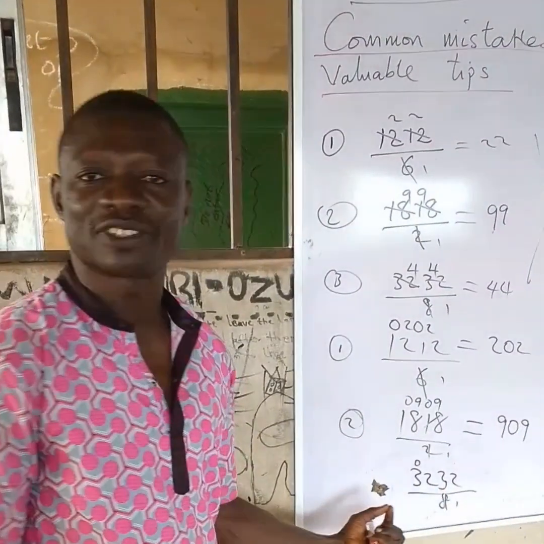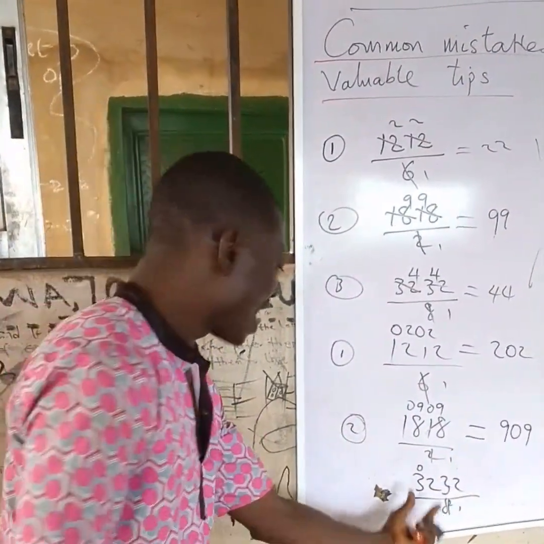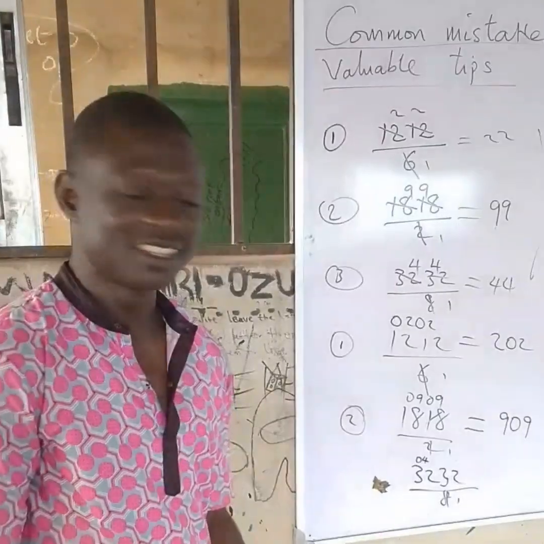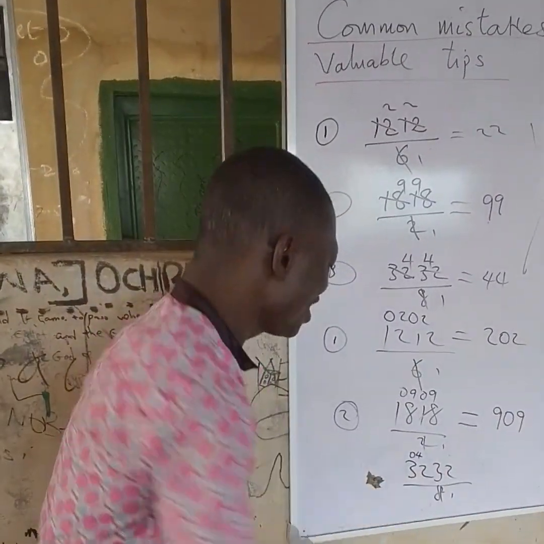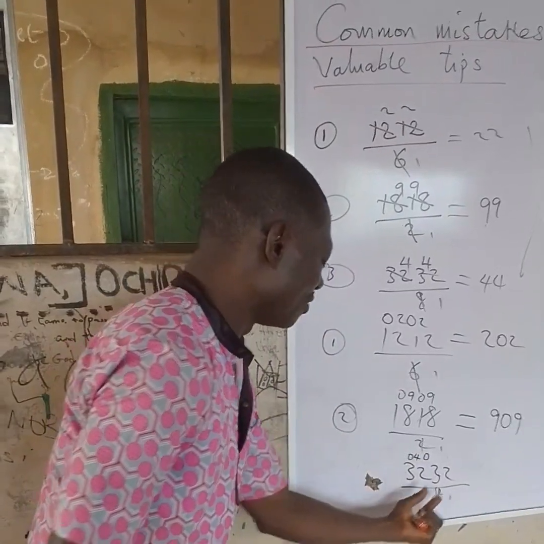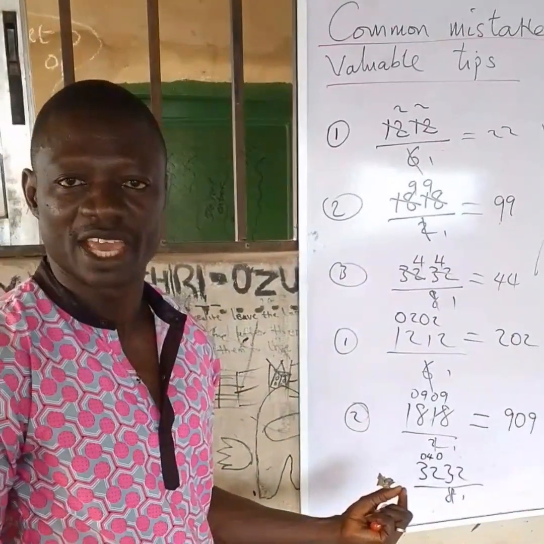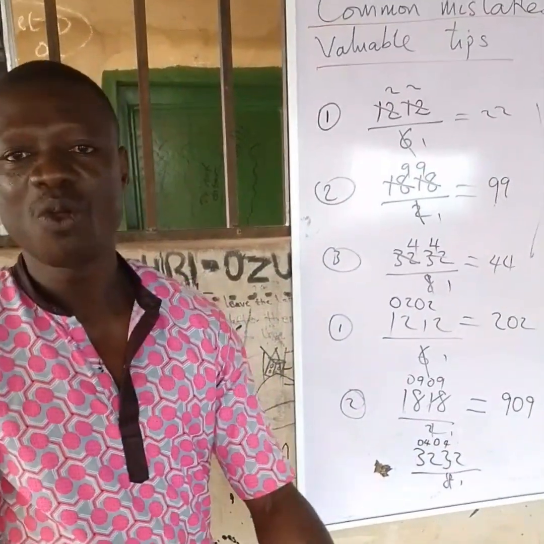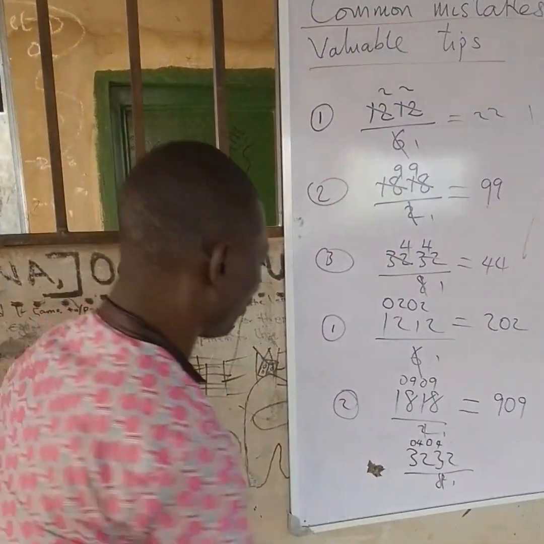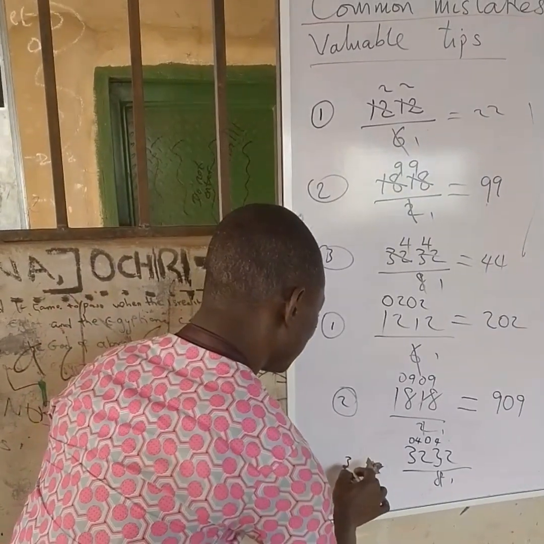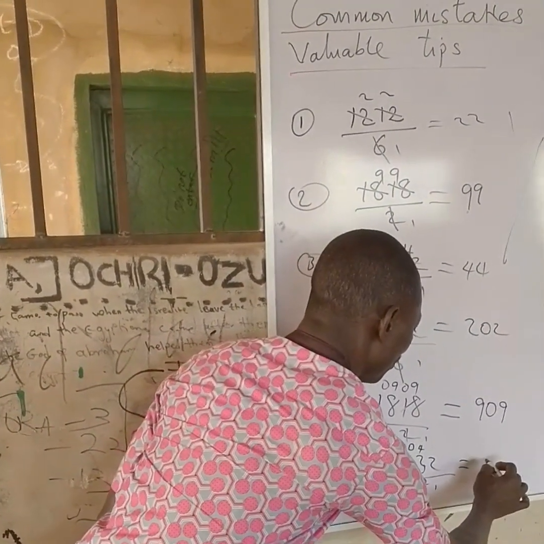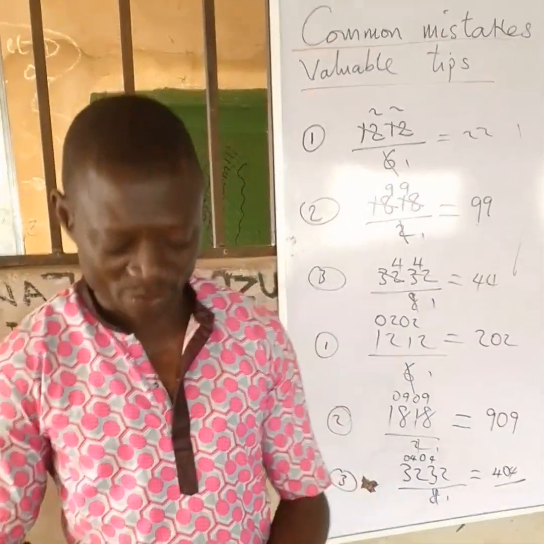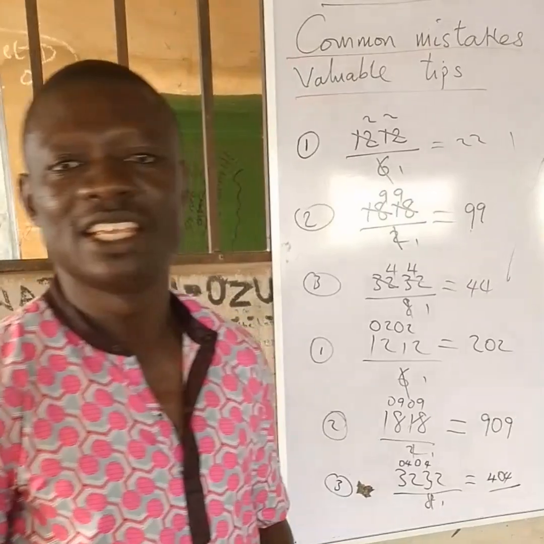Bring it in here, we have 32. 8 divided into 32 will give us 4. Then 8 divided into 3 will give you 0 again. We bring in 2 to have 32 again. Then 8 divided into 32 will give you 4. And so our last answer to number 3 is going to be equal to 404.